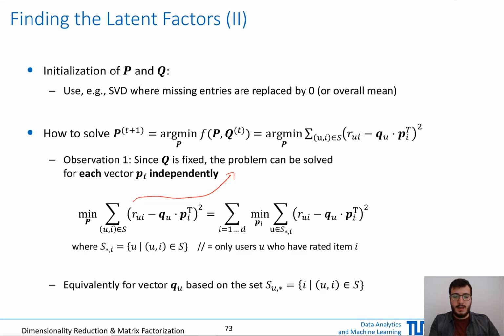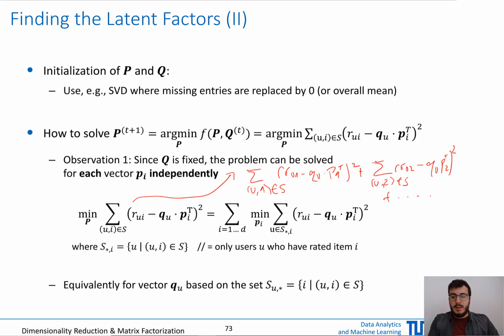So this big sum can be written as the sum over all of the users which have rated the first item, (RU1 minus QU P1 transposed) squared, plus all of the users which have rated the second item, (RU2 minus QU P2 transposed) squared, plus so on and on.